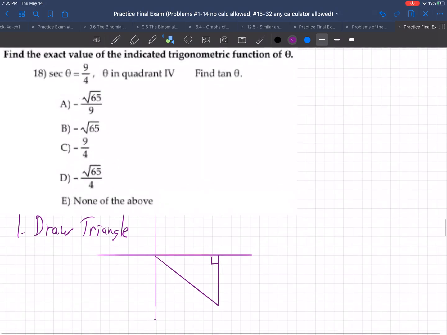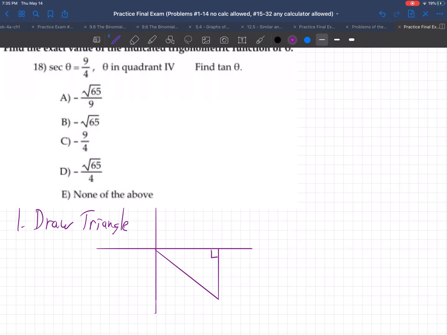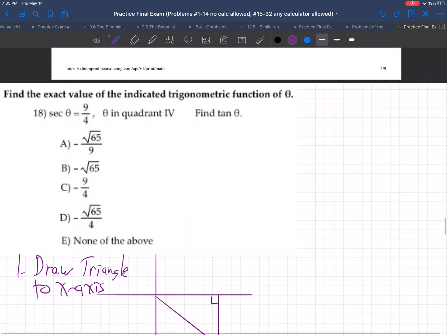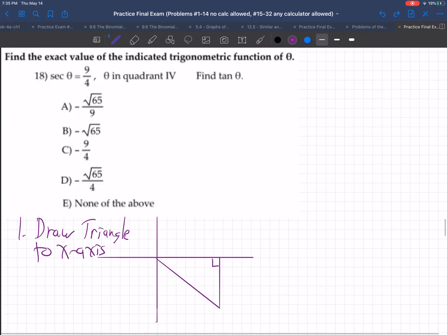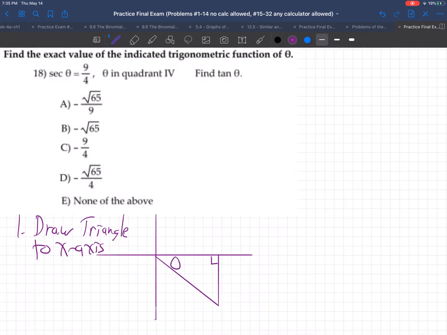Remember, you have to go to the x-axis. Draw the triangle to the x-axis, right? I didn't go to the y-axis. That would have been wrong. Always go to the x-axis because that's how reference angles work. And then we put theta at the center.